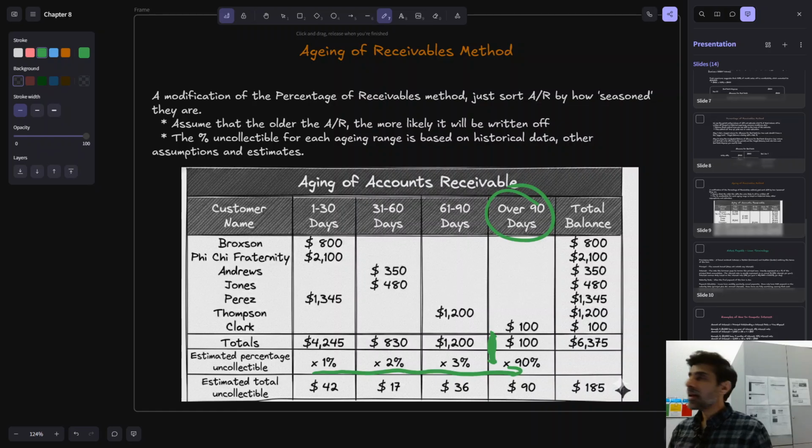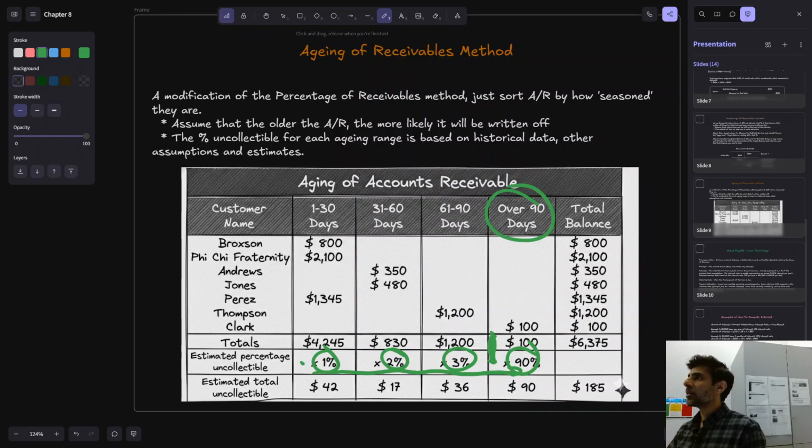Okay, so this is a more accurate way of doing this, because you're doing a more common sense approach and looking at the details of your accounts receivable and doing a risk weighting. The older ones are riskier than the newer ones, and you can see that reflected here. Now, of course, these percentages are at the discretion of the business. They're going to come up with some method of getting to these percentages.